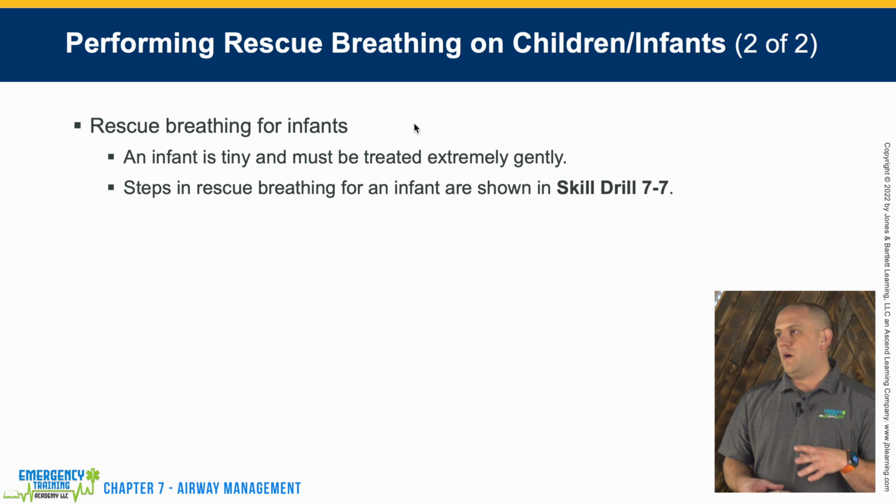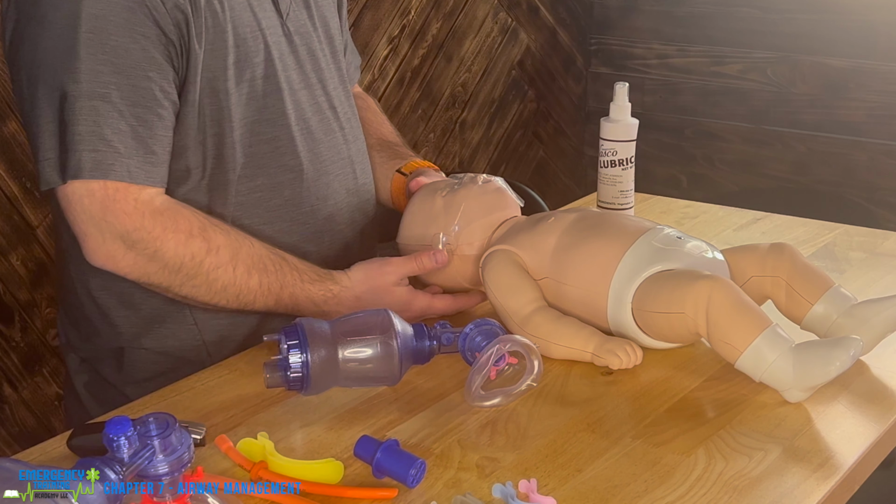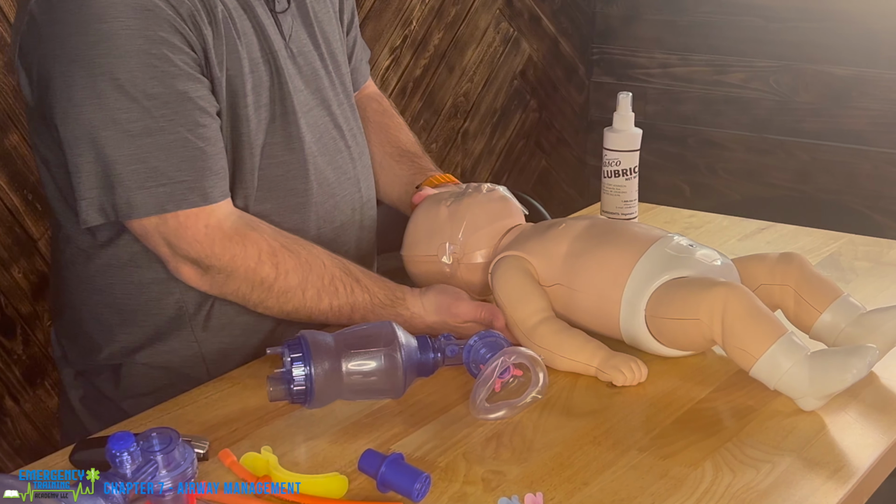So looking at doing our rescue breaths on our infants, like I said, it's really important that we are extremely careful with our infants as we're trying to open that airway so that we don't kink it off by opening it too far and cranking back as we do that head tilt. It'll actually occlude the airway.